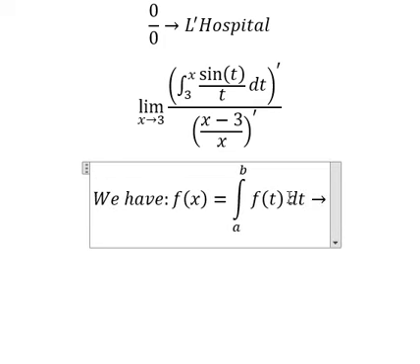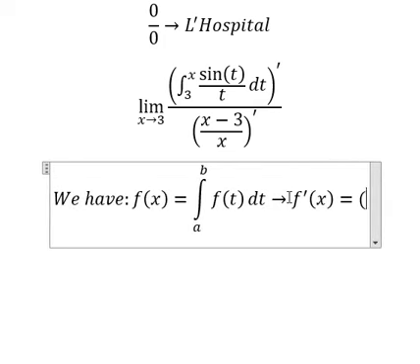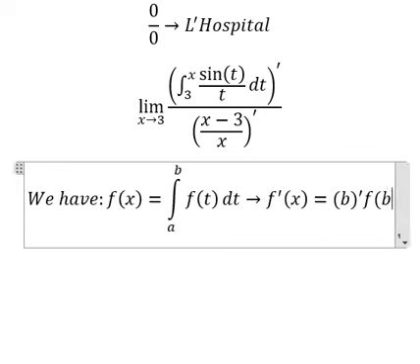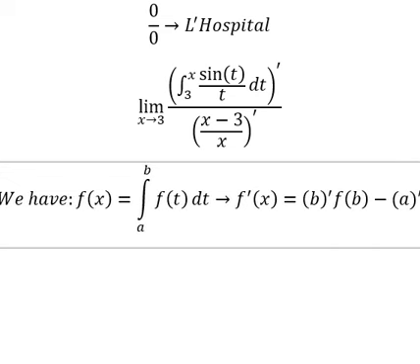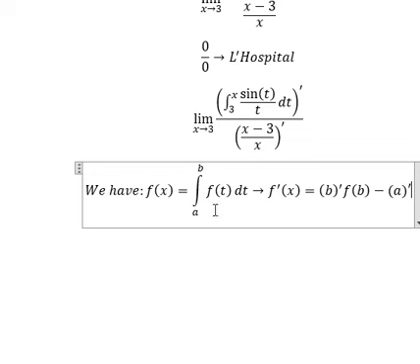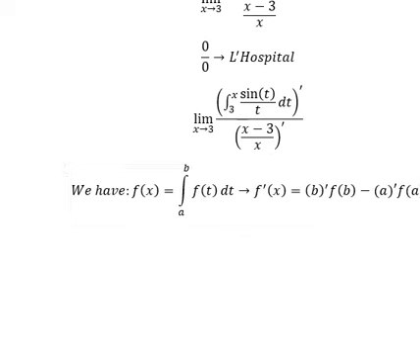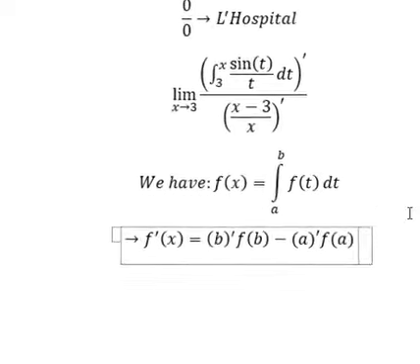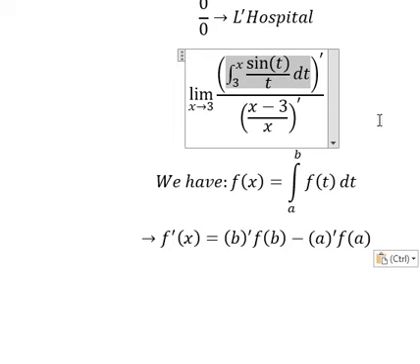So if we do the first derivative, we need to do the first derivative of b, and the value of b will change for t, minus the first derivative of a, and the value of a will change for t. So this is the technique for how to answer this one.